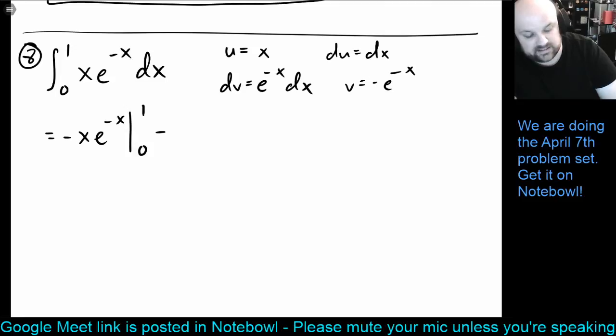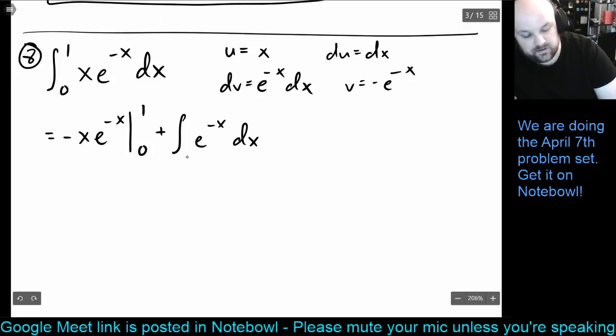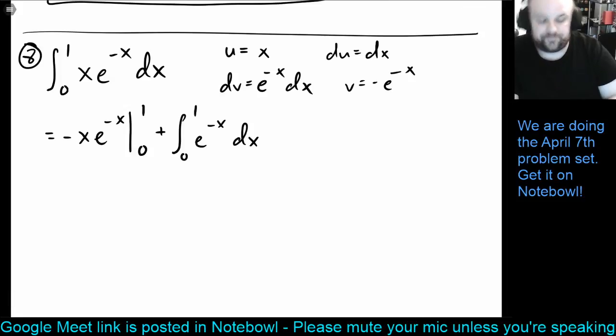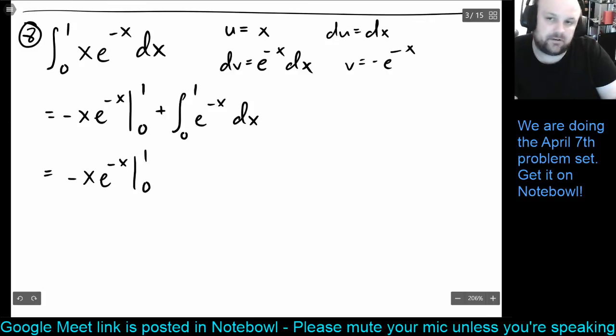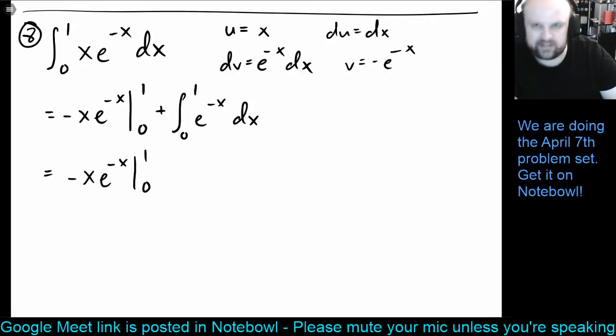I'm going to take this negative sign and factor it out to make this a plus. And again, this integral's from 0 to 1. Right? So, from this, I'm going to leave this part as is. I'm not going to evaluate this yet. You can do it right now if you want. I quite like doing it afterward.